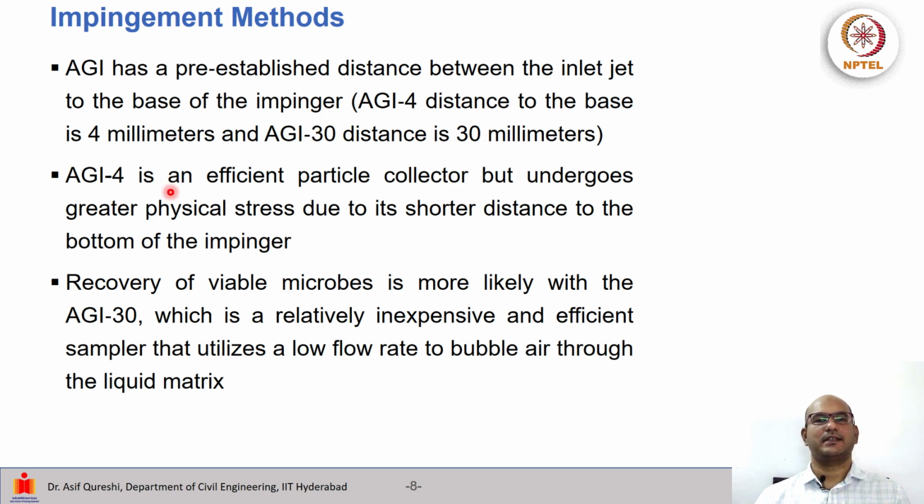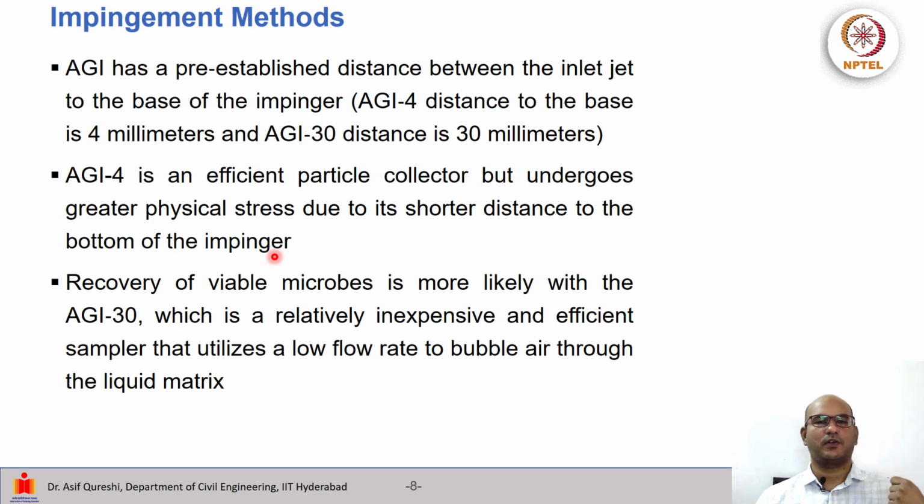So AGI4 is an efficient particle collector, but here the bacteria may go under greater physical stress due to the shorter distance between the jet and the bottom of the impinger. It's very close, 4 millimeters.